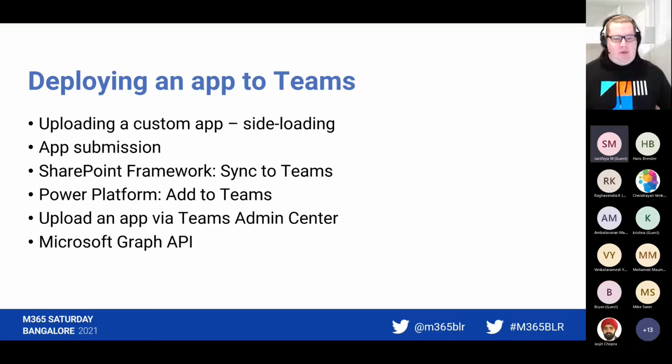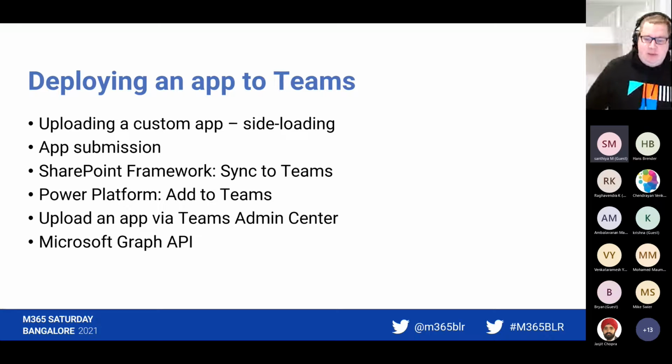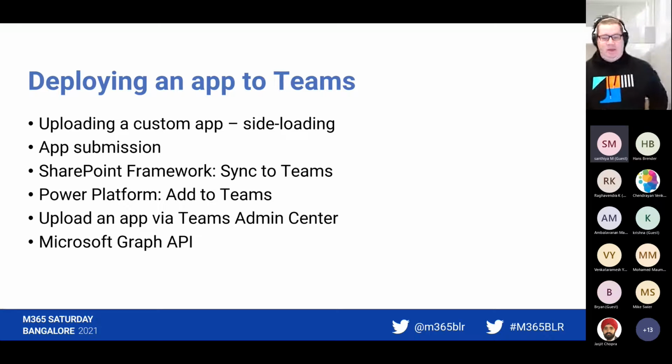Then if you have SharePoint Framework web parts which are in the correct version and support Teams, you can deploy those directly from the SharePoint app catalog to Teams using the Sync to Teams button, and it will install the same SharePoint Framework web part on the Teams side, and it can be used as a tab or a personal app.